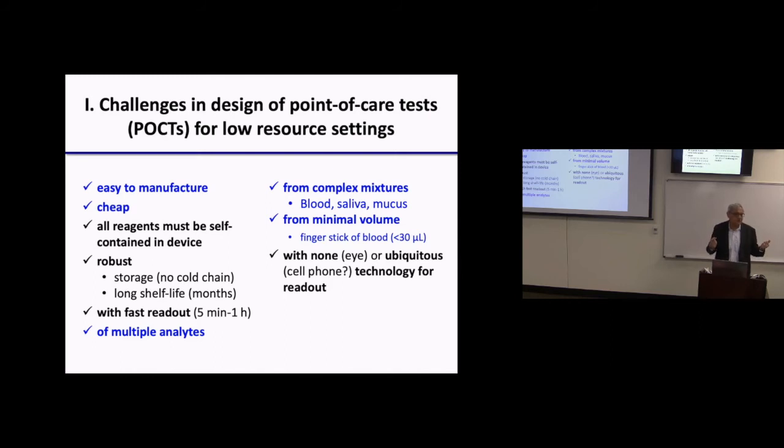But that makes it qualitative or semi-quantitative because the human eye is not that great at interpolating beyond a certain level of sensitivity. Since our assay is so sensitive, there's no way you could use the human eye for it. So we said, well, the next best detector that is getting to be ubiquitous is a smartphone. You might argue that it's not really true. Smartphones are still expensive, but the price is dropping.